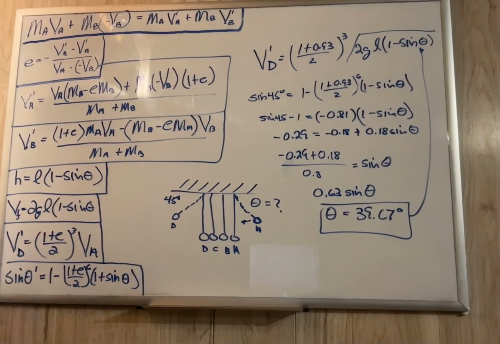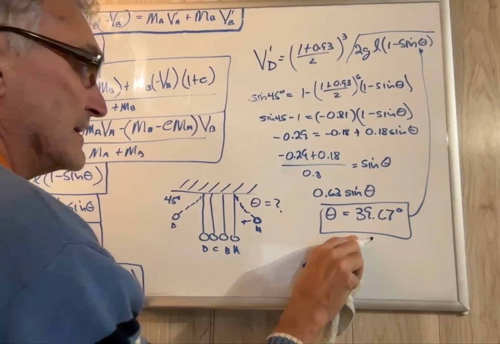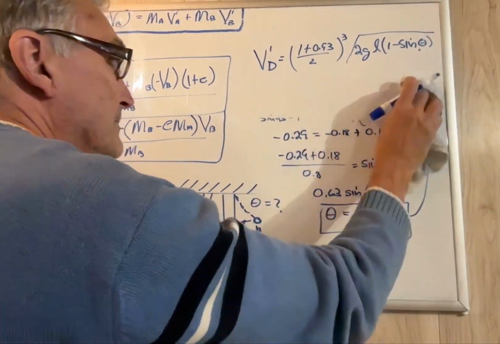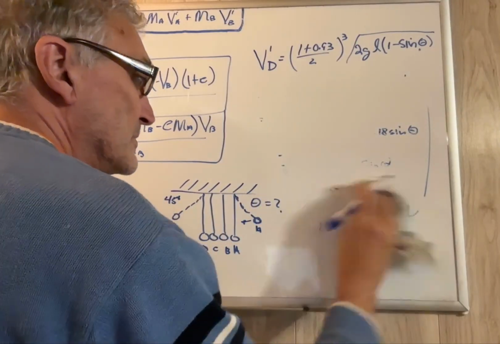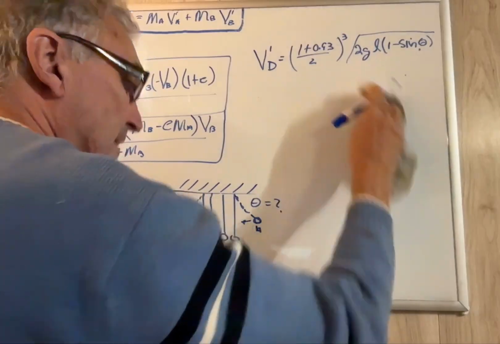That means we can find velocity D. All right, so let's put that into there. Let's put this thing into this thing and see what we get. Without doing all the math, it's just a matter of putting that number in there.